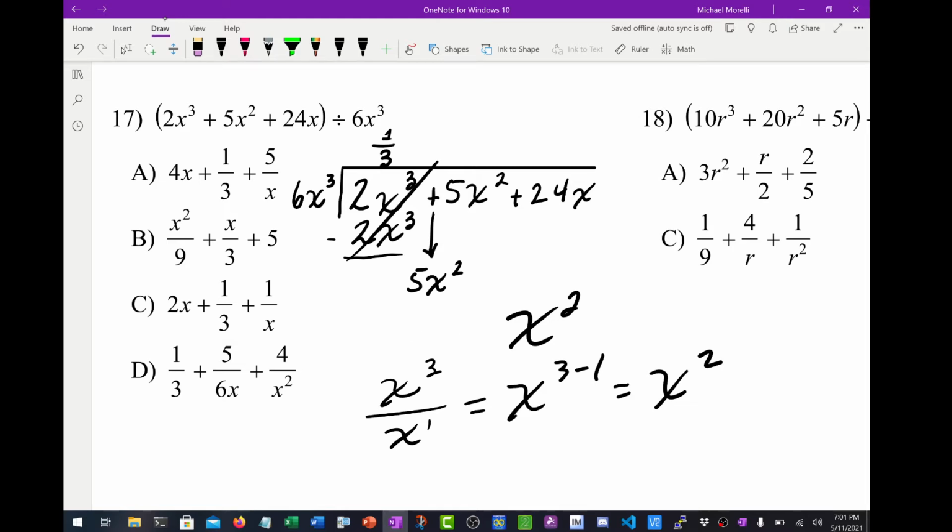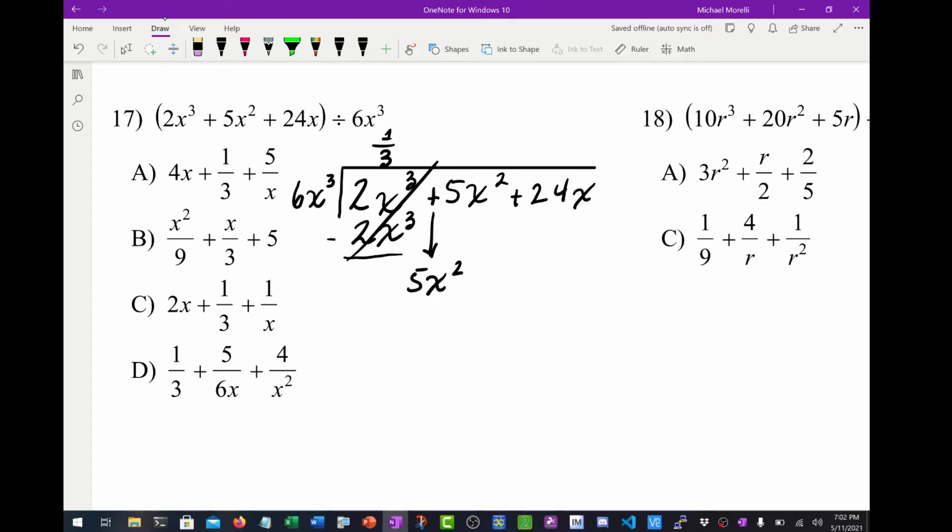So let's put all of this into perspective. You're going to take 6x cubed, and you're going to multiply by 5 over 6, and we said divide by x, but that's just another way of saying multiply by 1 over x.